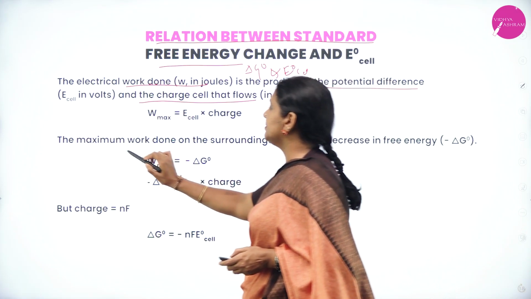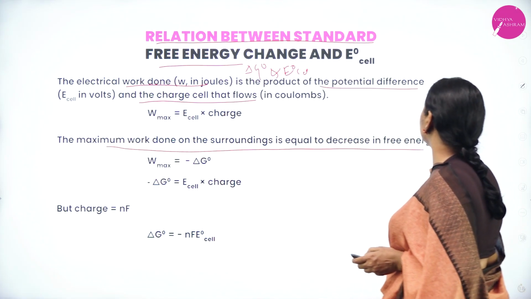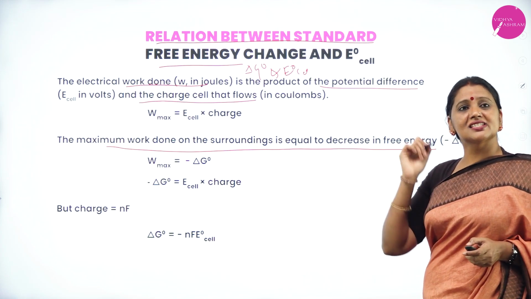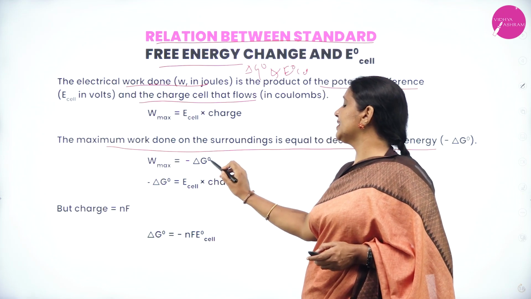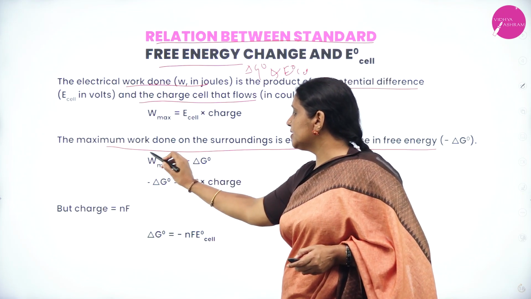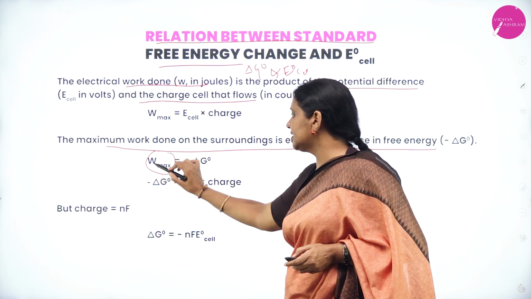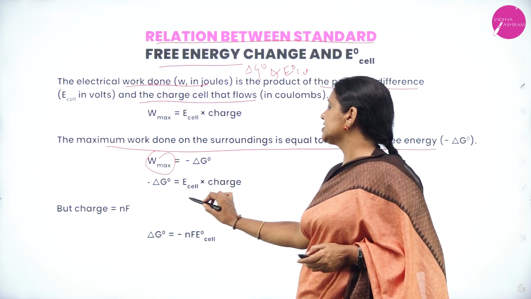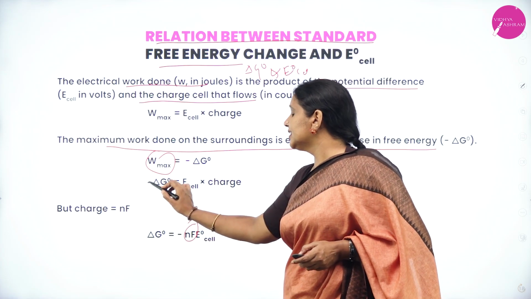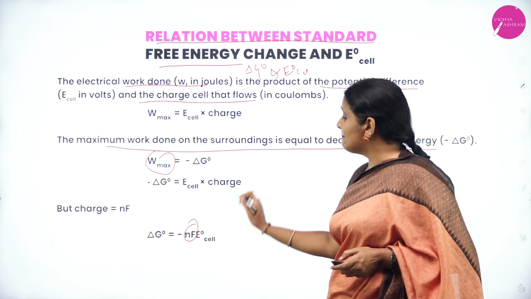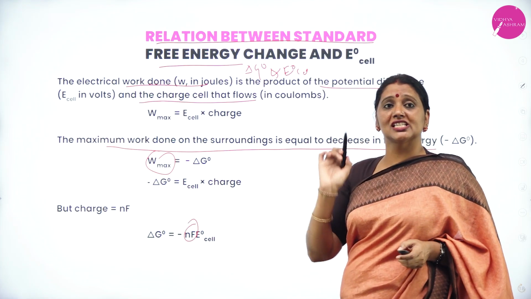Charge. The maximum work done on the surroundings is equal to the decrease in the standard free energy change. Therefore, maximum work done is equal to minus delta G naught. So when you substitute, minus delta G naught is equal to E cell into charge. Charge is nF. Therefore, delta G naught is equal to minus nF E naught cell.